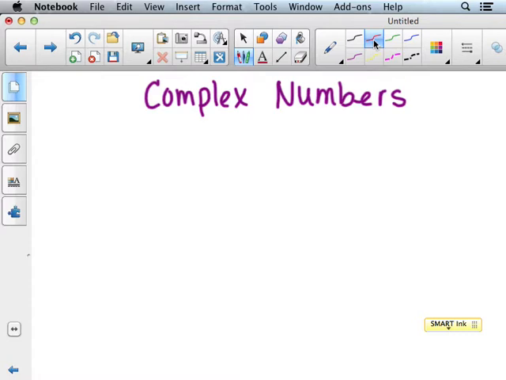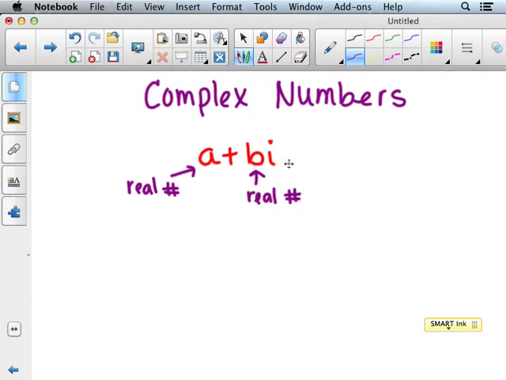A complex number is of the form a plus bi. a is a real number, and b is a real number. And what does i represent? i is the square root of -1. So these are complex numbers.